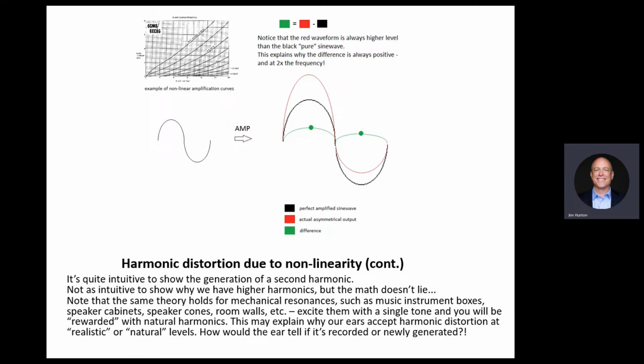So if we subtract it, red minus black, we get a positive peak here. And the funny thing is that on the reverse side, we also get a positive peak, not a negative, right? Because it's lower gain there, so it's actually above the ideal curve. And guess what?